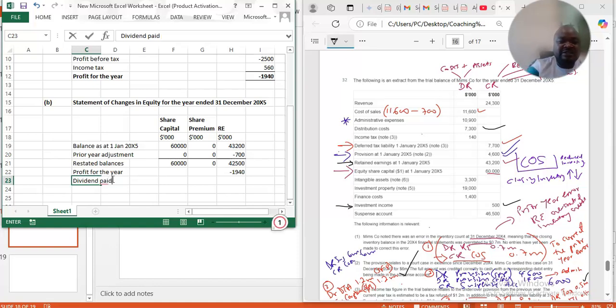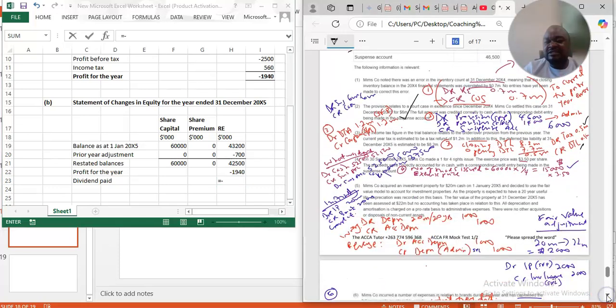Let me proceed. So, dividend paid. The dividend paid is something that is affecting the retained earnings. Being an outflow, we're also going to put it in negative. The dividend paid, we determined it to be how much? I think it was 3,000.